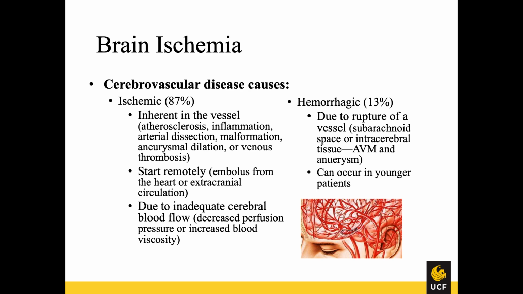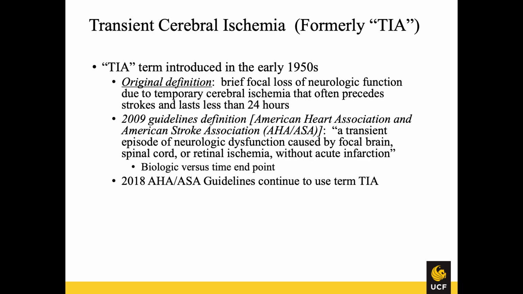Or people that use inhalant drugs like poppers, or spray paint, those types of crazy things that people oftentimes will breathe in. They'll get a brain bleed as a consequence of that. So all those things are causes of hemorrhagic events as well.